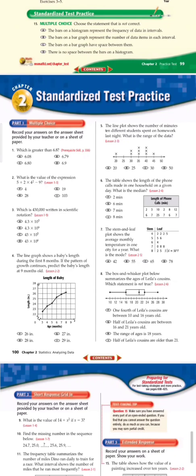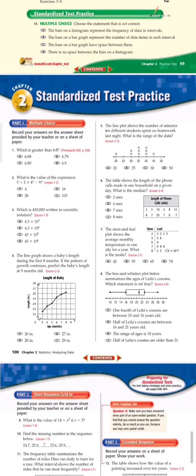What is the mode? A. 42, B. 55, C. 65, D. 78. 8. The box-and-whisker plot below summarizes the ages of Layla's cousins. Which statement is not true?